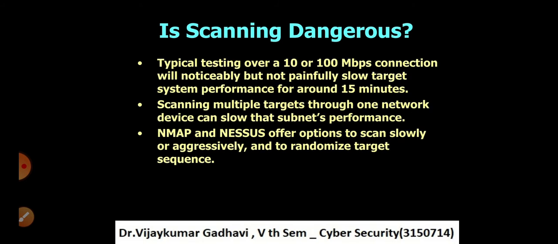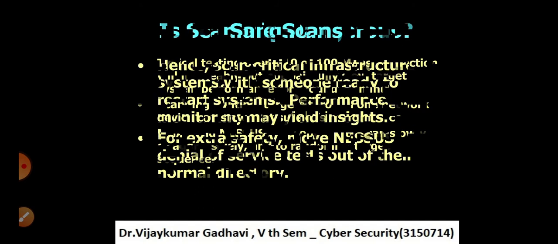Typical testing over a 10 or 100 Mbps connection will noticeably but not painfully slow target system performance for around 50 minutes. Scanning multiple targets on one network device can slow that subnet's performance. NMAP and Nessus offer options to scan slowly or aggressively and to randomize target sequence.